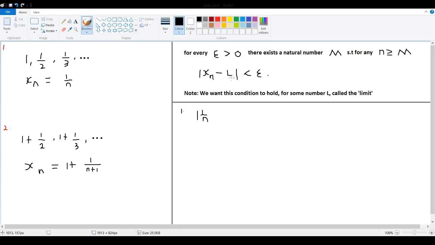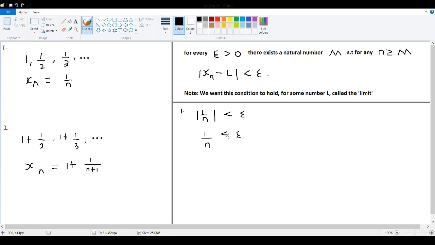We will be subtracting 0 for L, so that leaves us with just 1 over n. And we want this to be less than epsilon. Well, 1 over n is always positive, so we can get rid of the absolute value sign, because it means we forget about the sign. We want that to be less than epsilon.